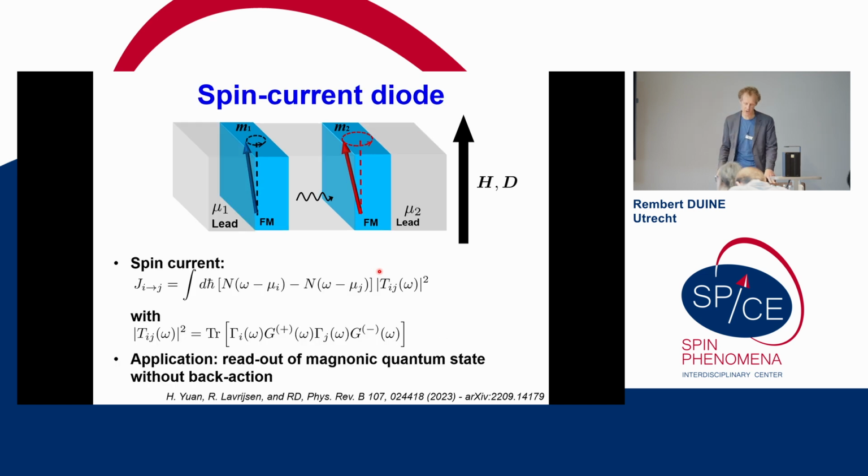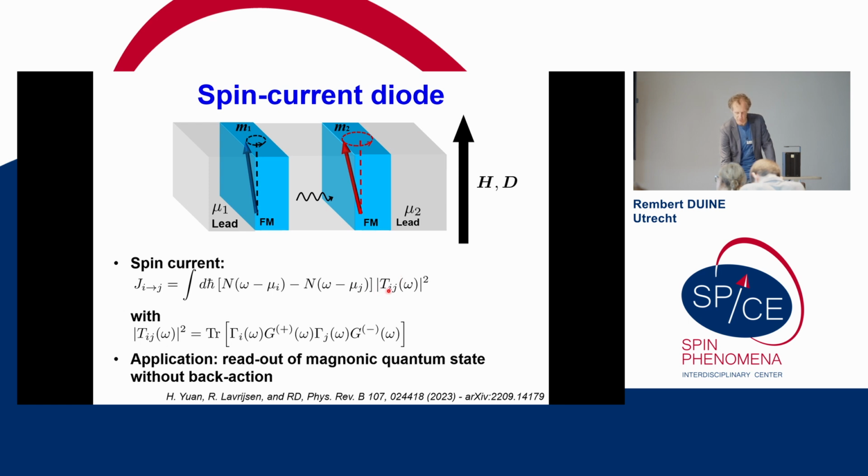So based on this, you can build a spin current diode. If you connect the system to leads, to reservoirs, to drive spin current from left to right, and you compute the spin current out of one reservoir and into the other, you get a Landauer-Büttiker type expression determined by the difference of the occupation numbers of the spin in the left and right reservoirs times some transmission probability.